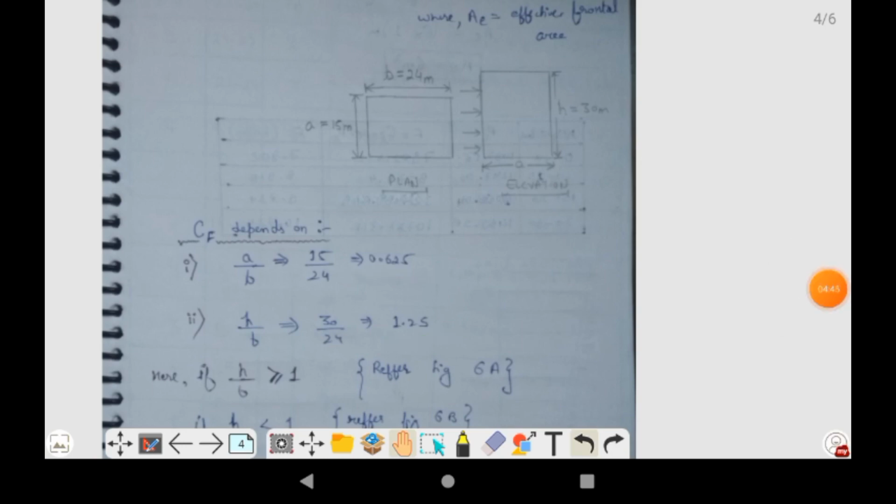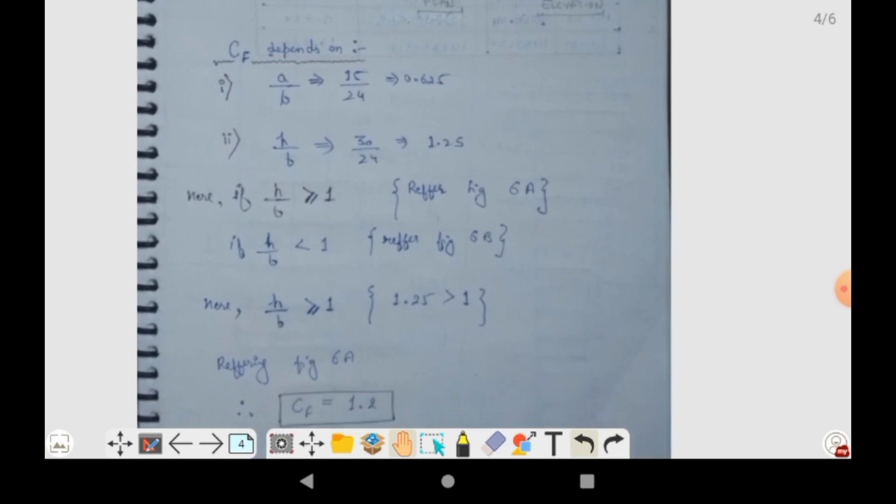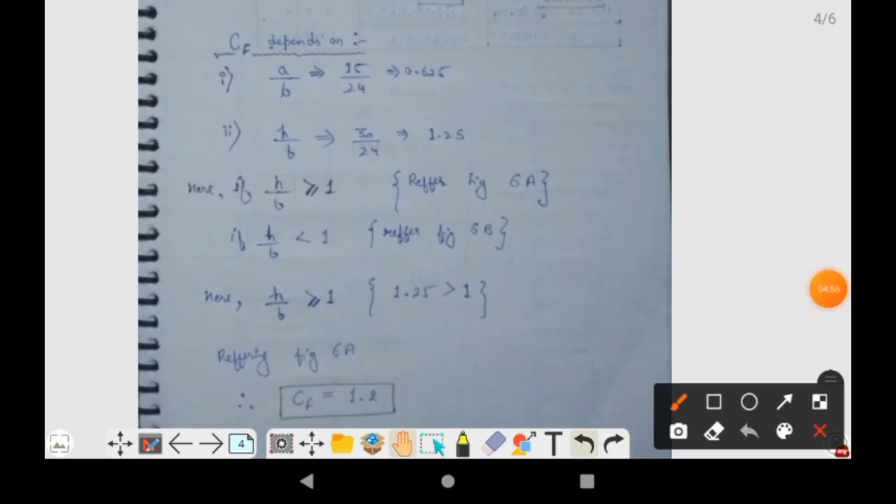Here the value of CF totally depends upon the ratio of H by B, and you can see that the H by B value is 1.25. Now two conditions arise.